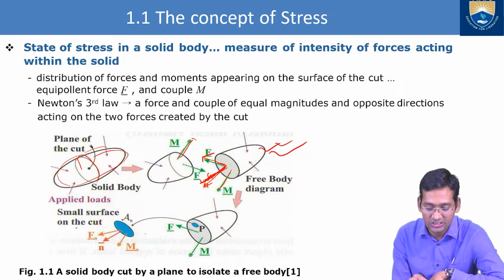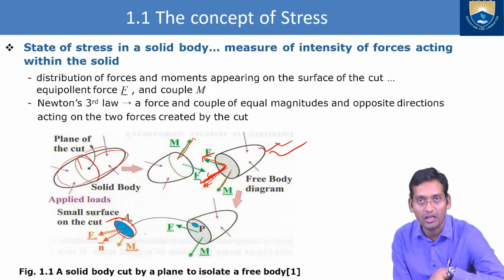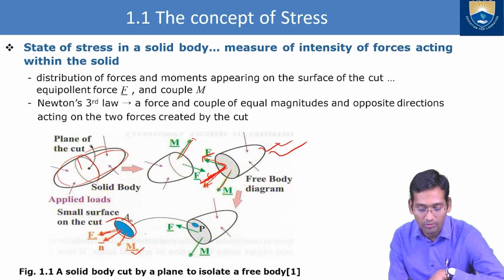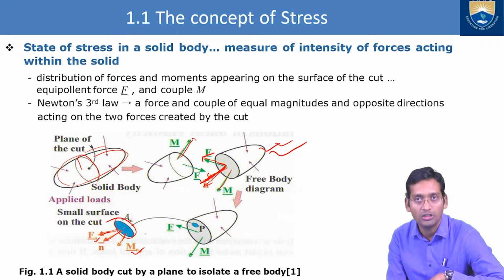Now consider a small surface on the cut, in this part only. What are the things acting? Force along the normal direction, this normal vector that is the area vector, and moment along the normal vector. That's why you can see the small n here, which shows the normal direction.